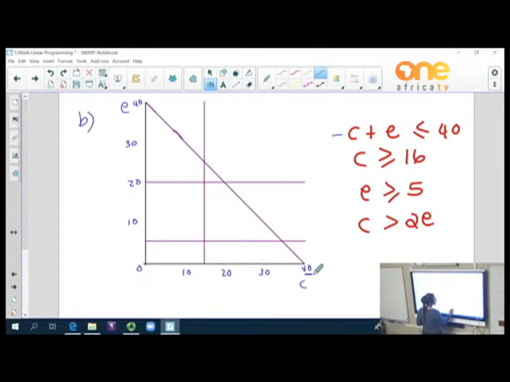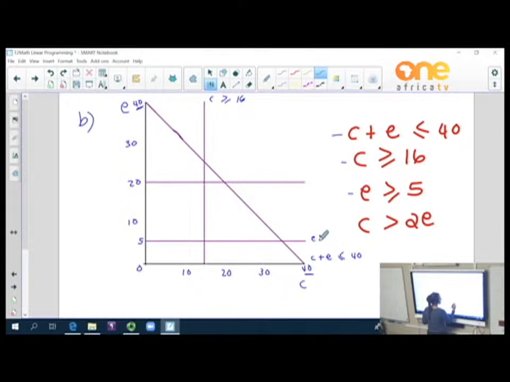So we cannot work more than 40 hours. That is your C plus E is less than or equal to 40 line. Then we have C is more than or equal to 16. That's the line. Then we have E is more than or equal to 5. Here is 5. So E is this line.